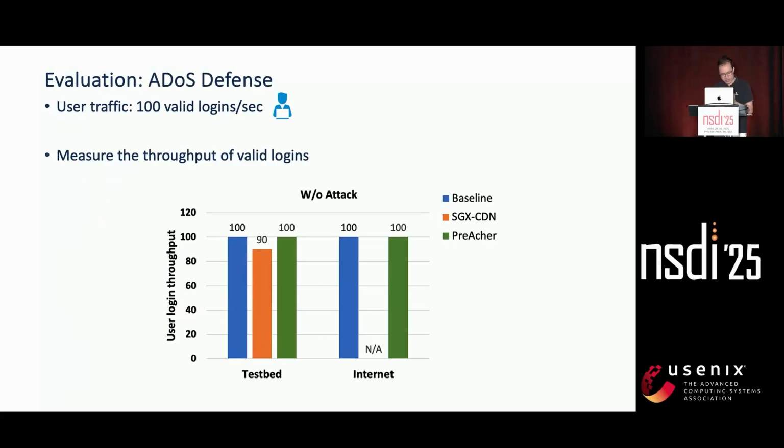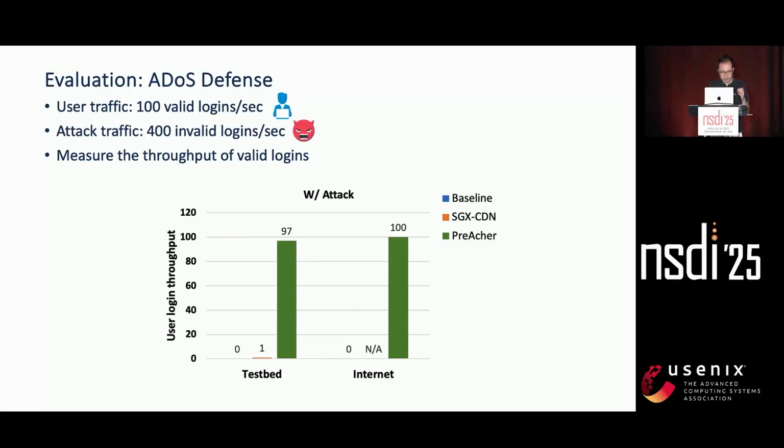In our evaluation of the ADoS attacks, we first send user traffic with 100 valid logins per second to our server through the CDN machine, and we measure the throughput of valid logins. We can find that without attack, all of the methods can serve user traffic close to 100 logins per second.